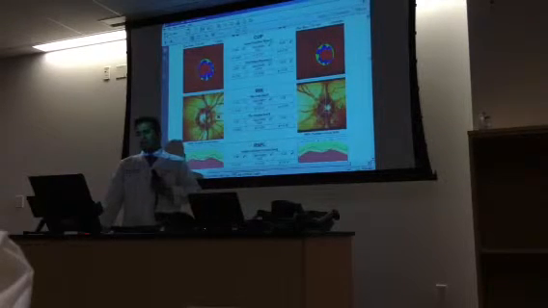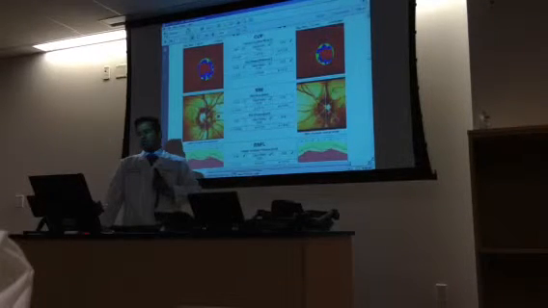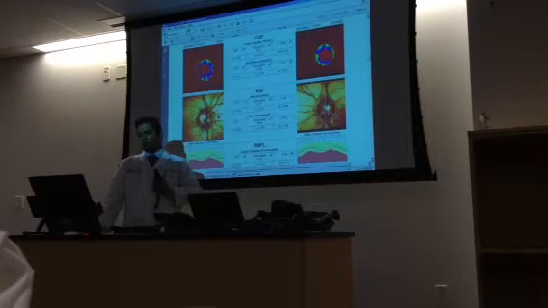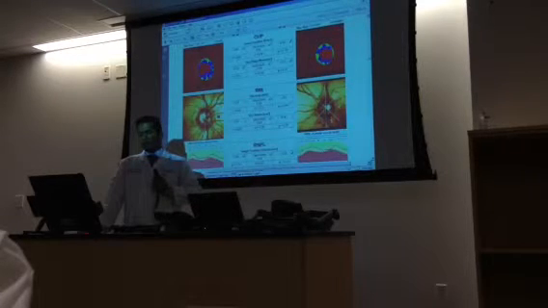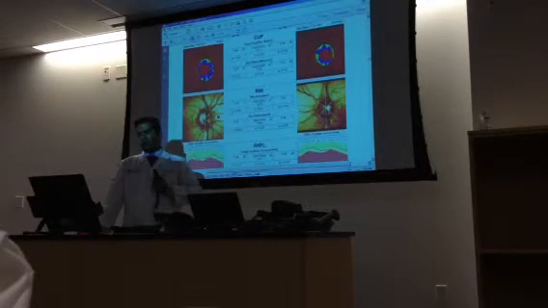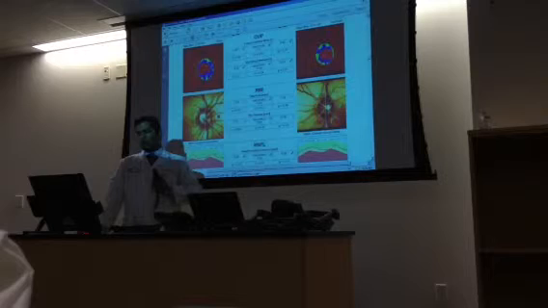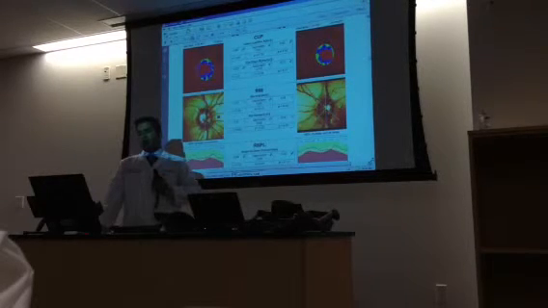Left eye, infranasal and infratemporal sectors. Infranasal sector is outside normal limits. Infratemporal sector and nasal sector are at borderline suspicion of glaucoma.